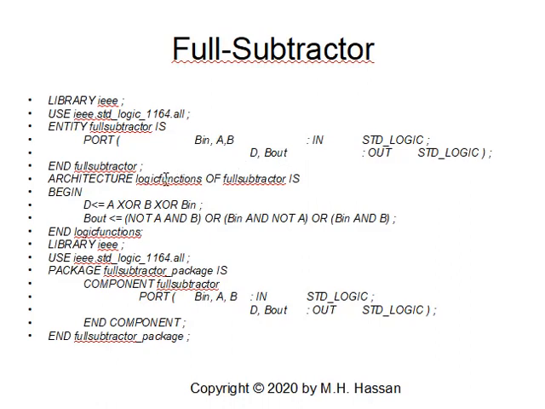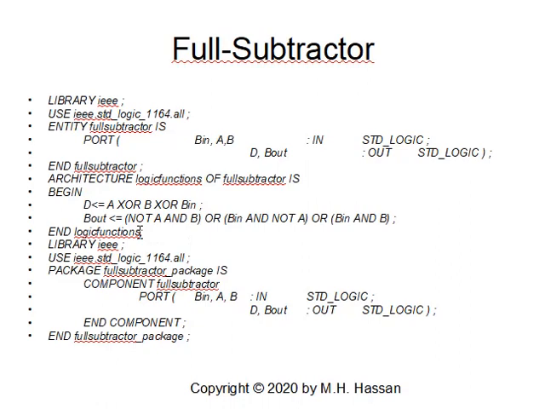Then the architecture logic function of full subtractor will begin. A exclusive or B exclusive or Bn be assigned to D, and not A and B or Bn and not A or Bn and B will be assigned to B out. I will end logic functions.